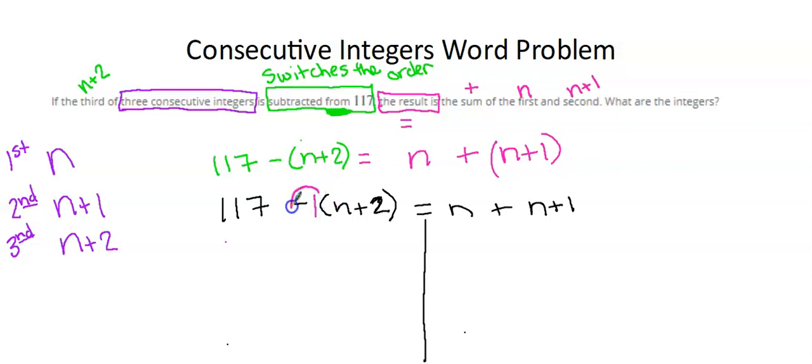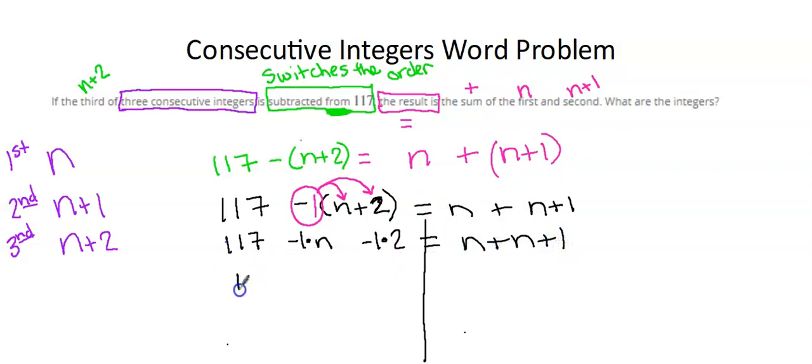So this is negative 1 times n, distribute negative 1 times 2. 117 and negative 1 times n, negative 1 times 2. I'm just going to copy this guy over because I'm not working on that yet. So we have 117, negative 1 times n is negative n, negative 1 times 2 is minus 2.